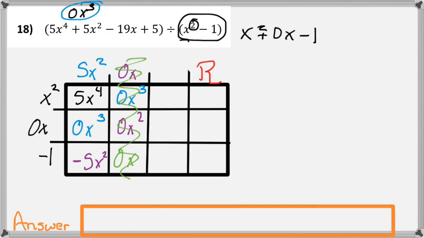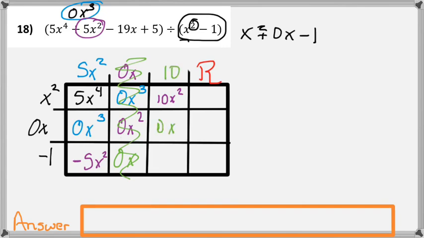Nothing's going to come out of that column. And then I'm going to keep going, and so I'm looking at my top, and negative 5x squared plus 0 plus what is going to give me a positive 5x squared, so that's 10x squared. And then I am going to divide, and that gives me 10.